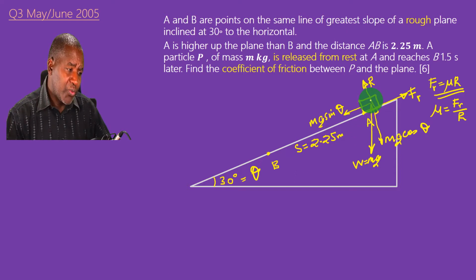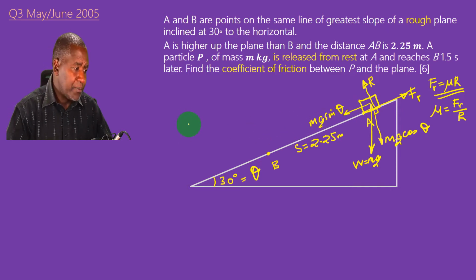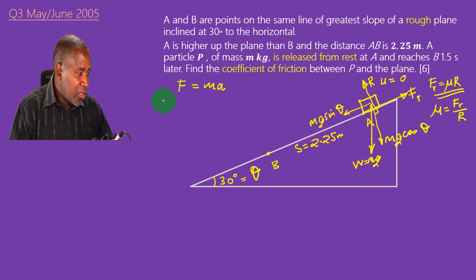So this object will move like this. And because it will move like that, there are two forces acting on the object, this one and this one. So we've been told that it starts from rest. That means U is 0. So the first thing I write on that object, I know that the resultant force F will be equal to ma. What is this resultant force?